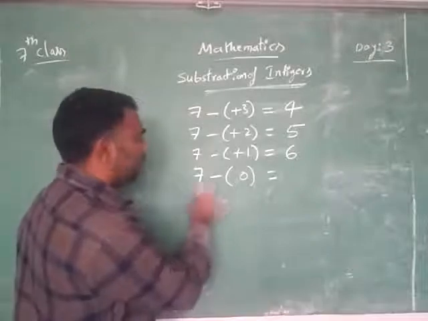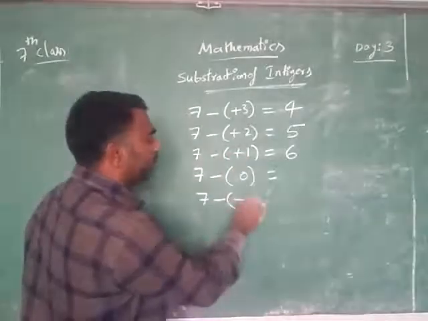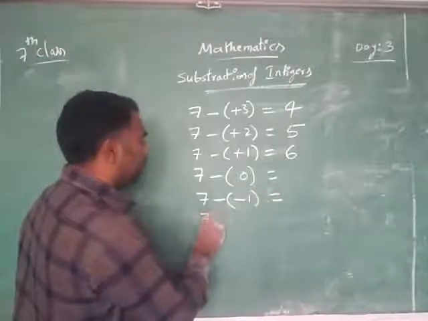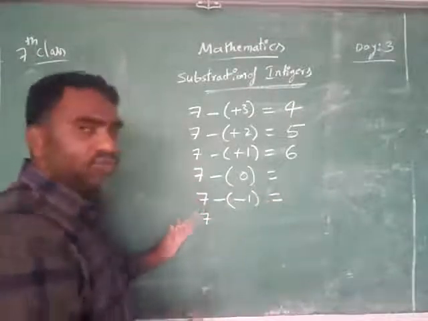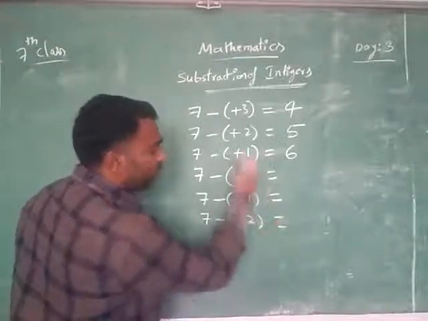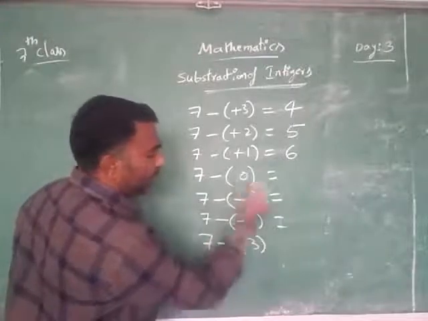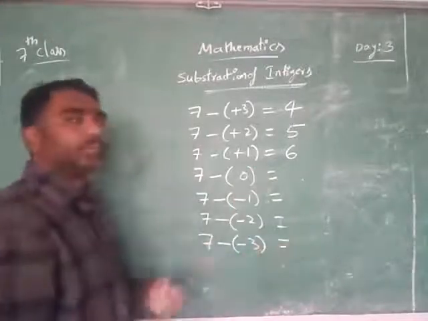Next, 7 as usual minus, decreasing the second number, that will be minus 1. Next, 7 minus and minus 2, and then 7 minus and minus 3, because I need to decrease it here.